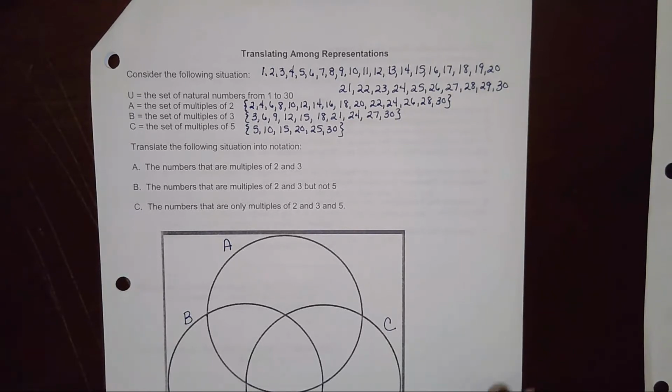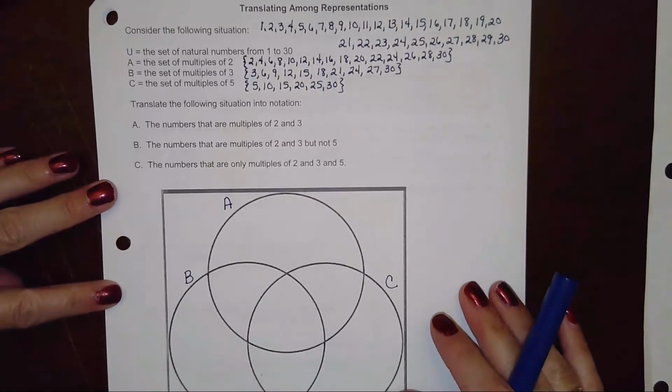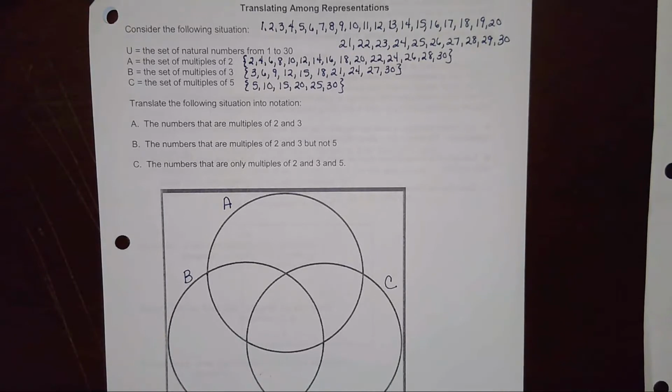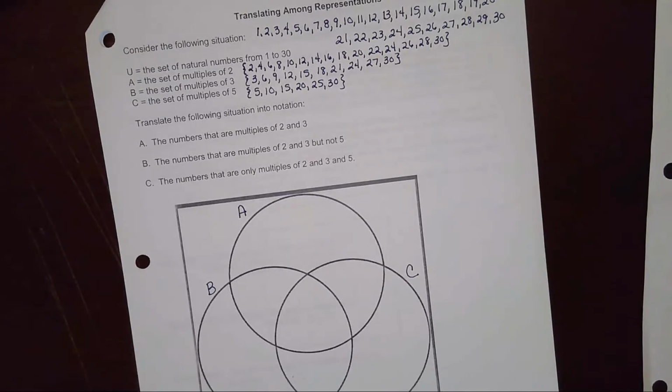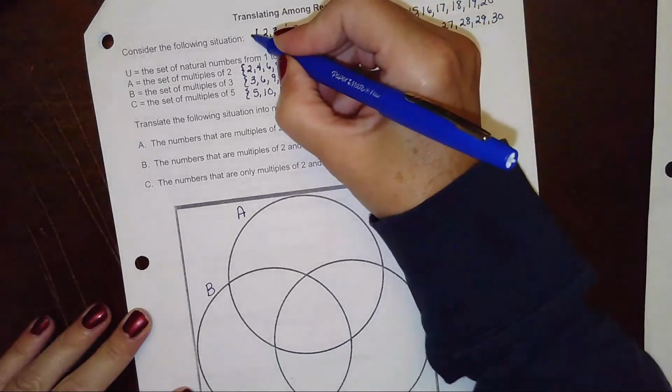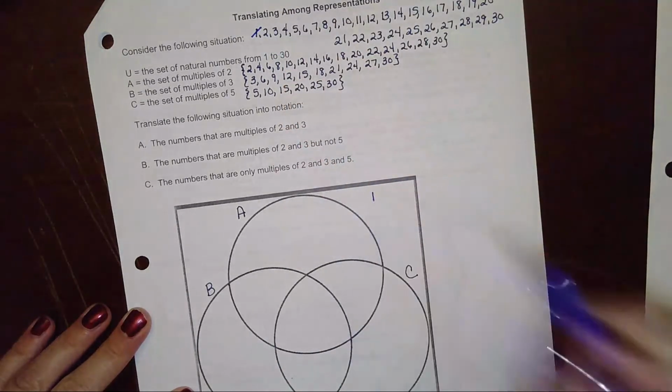All right. So I'm going to start with the number 1. I'm going to look at set A, set B, and set C, and I don't see 1 belonging to any of those sets, so I'm going to cross this off and plop it outside.